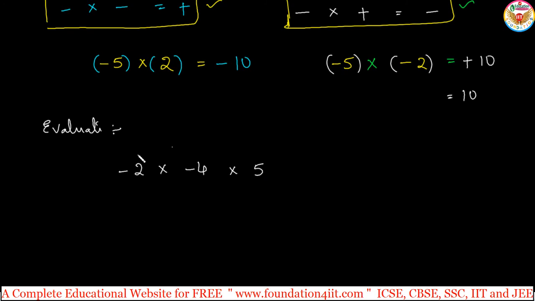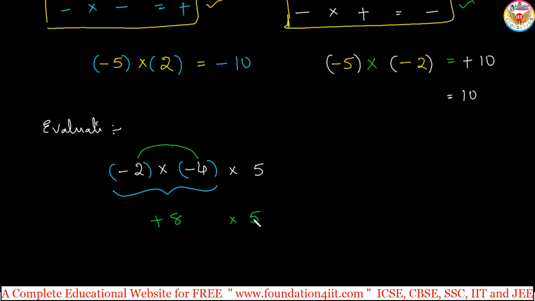Everything is multiplication here. 5 is already positive, so I did not keep any bracket. First, we can multiply these two negatives. When both are negative, the product of the same sign is always positive, so this is plus. Just multiply 2 into 4, which is 8.